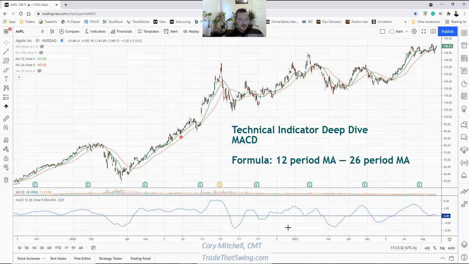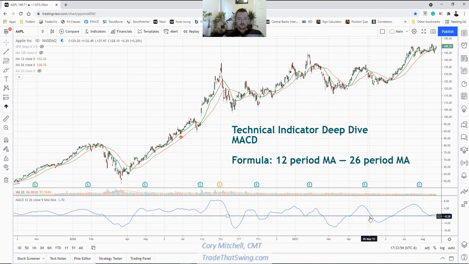So this MACD line is simply telling us, the data points are all connected so it's a continuous line, but at each price bar, the data point is the difference between this moving average and this moving average. And that's all there is to this indicator.